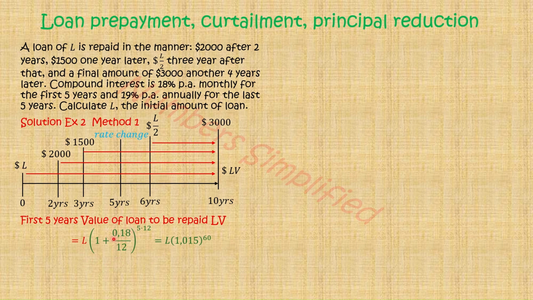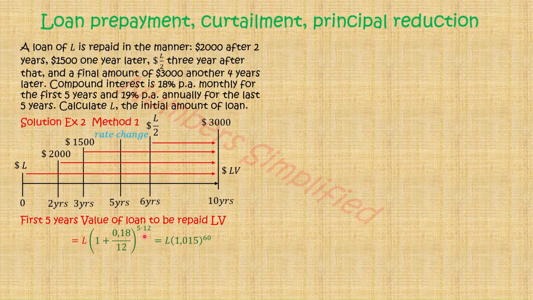So the rate is 18%. So we express it as a decimal according to the formula we're using. That would be 0.18 divided by the periods per year in which the interest is compounded. And if it is compounded monthly, what it means is that it is compounded every month, 12 times in a year. So that is going to be divided by 12.